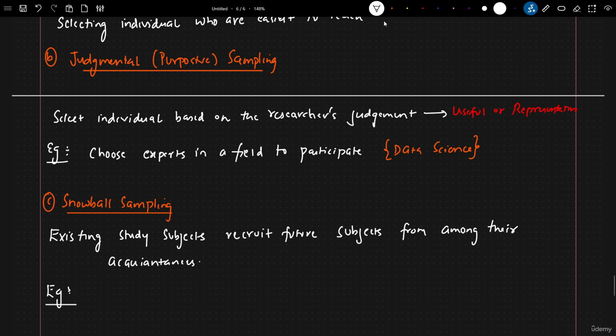Now let's talk about an example over here again. Let's say I want to survey members with a rare disease. And I'll be dependent on the community by asking people, whom do you know who have a similar kind of rare disease? So that is basically called snowball sampling.